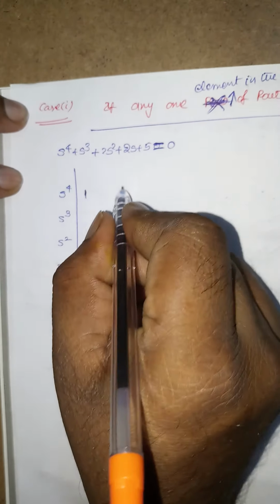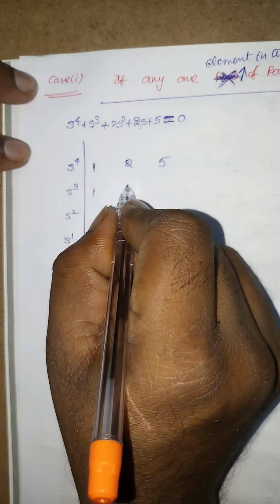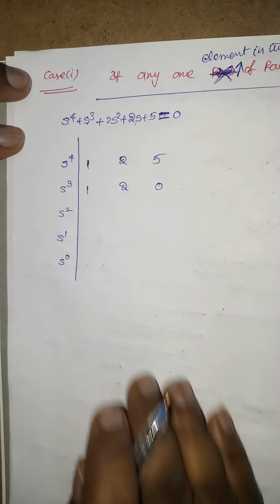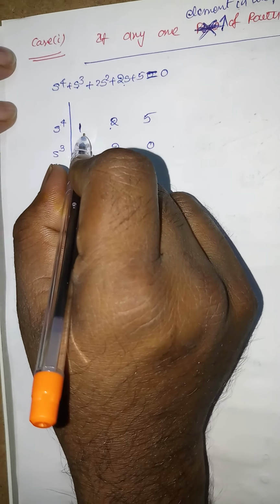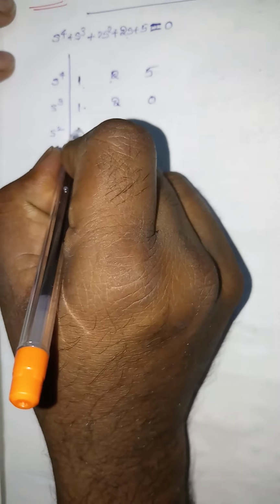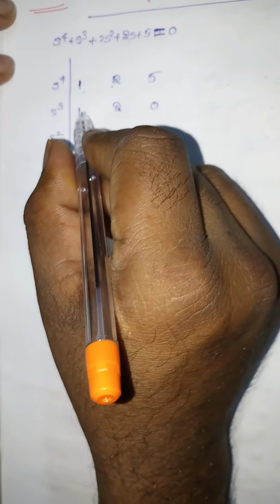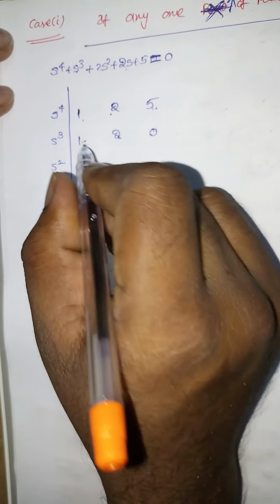The first row is 1, 2, 5, and the next is 1, 2, 0. Then this element, 1 into 2 minus 2 into 1, is 0, and 0 divided by 1 is 0. Next, 1 into 5 minus 0 into 1 divided by 1 is equal to 5, and 0.